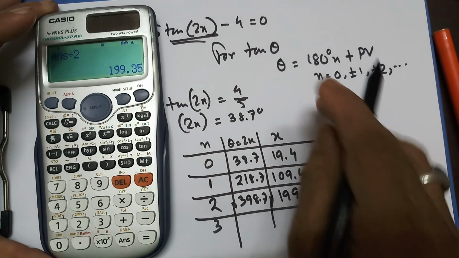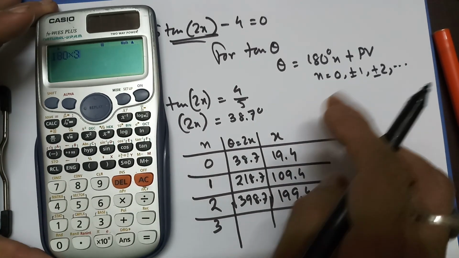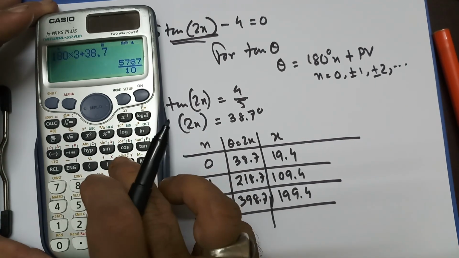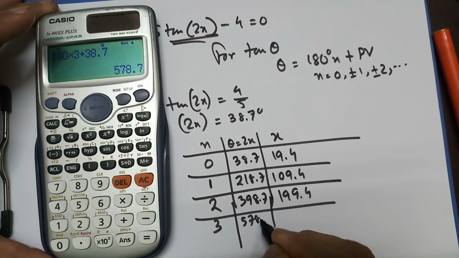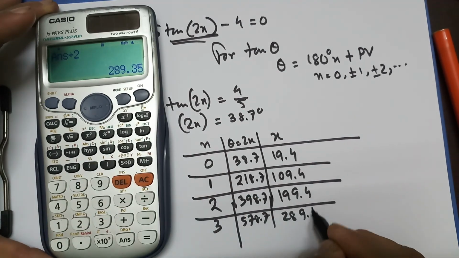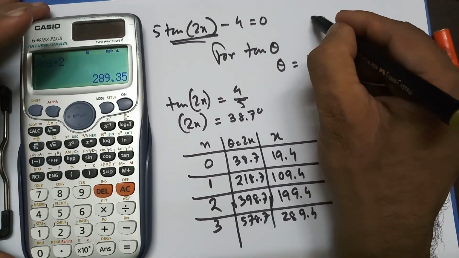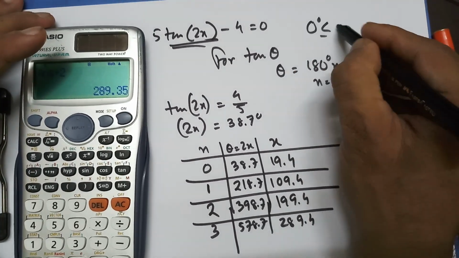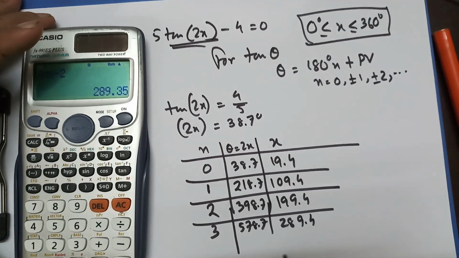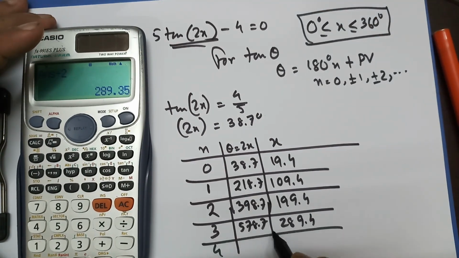When n is 3, 180 times 3 plus the primary value 38.7 gives me 578.7, divided by 2, and this is going to be 289.4. Still we are in our range, 0 to 360 degrees for x. Now I'm going to go for 4.